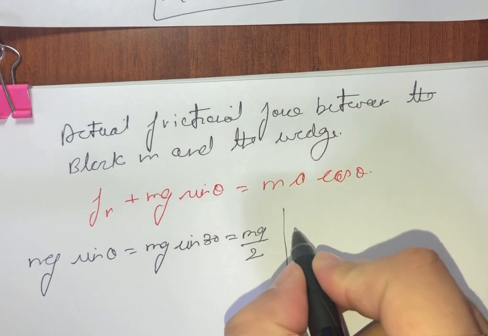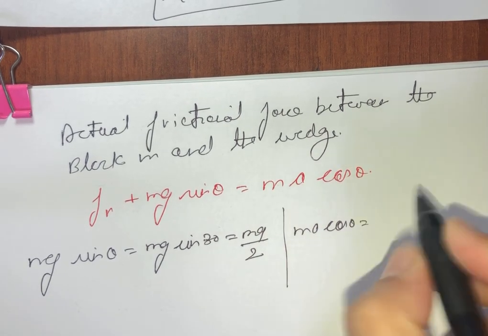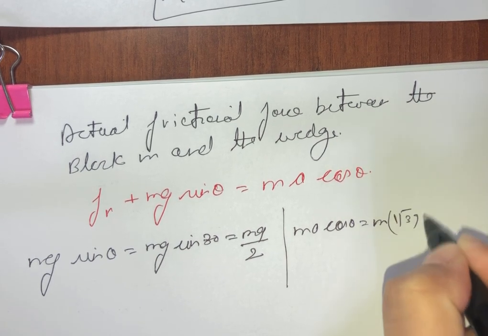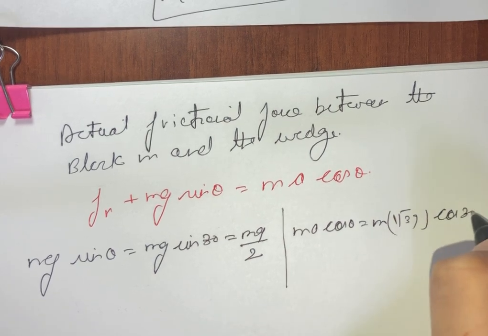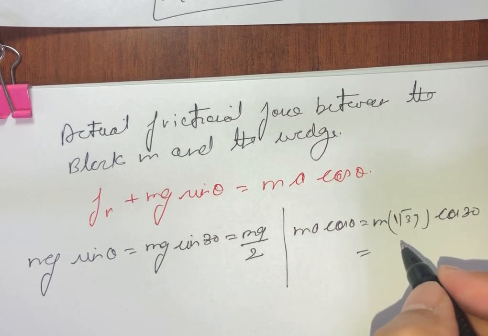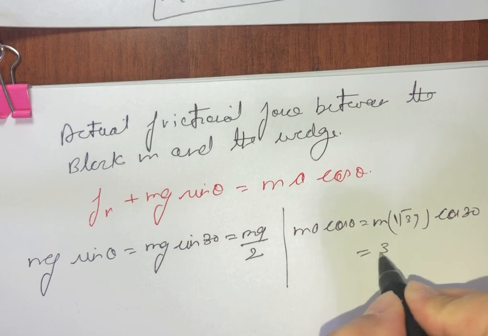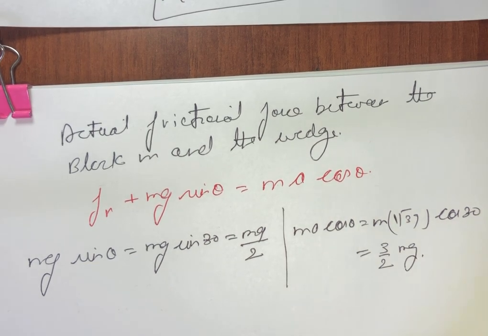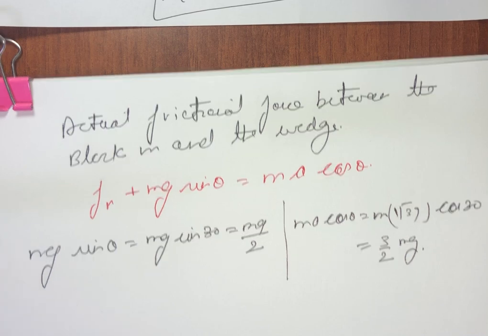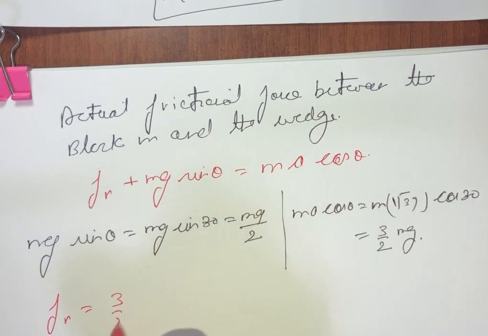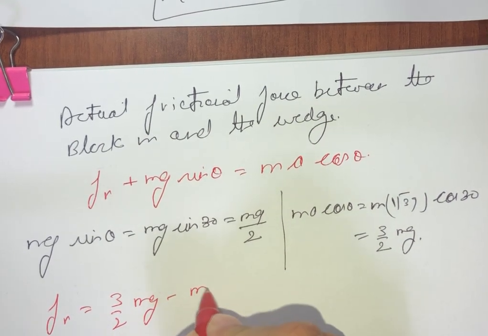And next is ma cos theta. So we have m, and a is given as root 3 g, and cos of 30. So ma cos 30 will be equal to 3 by 2 mg. So from here we put the values and we get Fr is equal to ma cos theta, that is 3 by 2 mg, minus mg by 2.